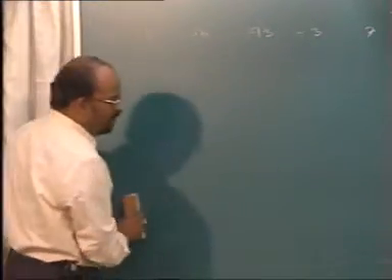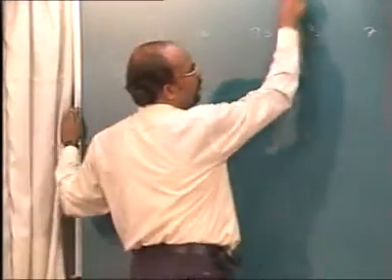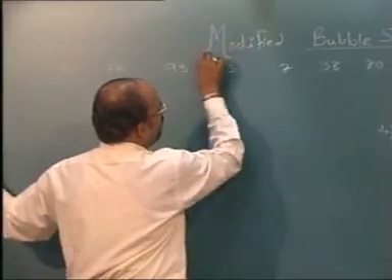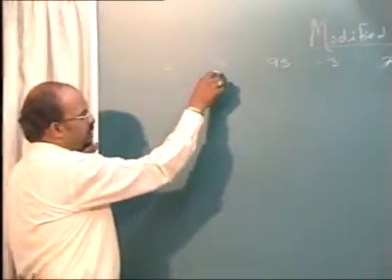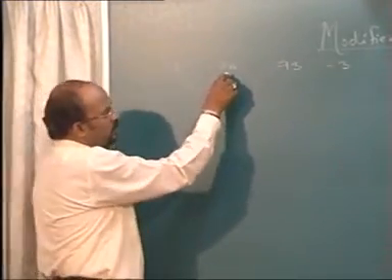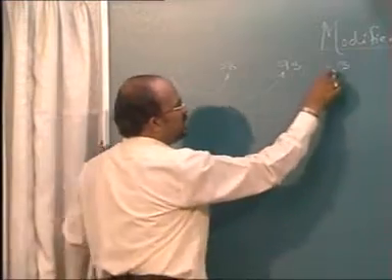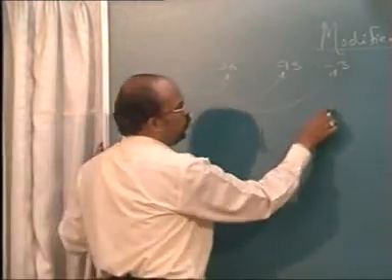Now its modified version. Modified bubble sort goes like this: first less than second, true; first less than third, true; second less than fourth, false; 3, 2.